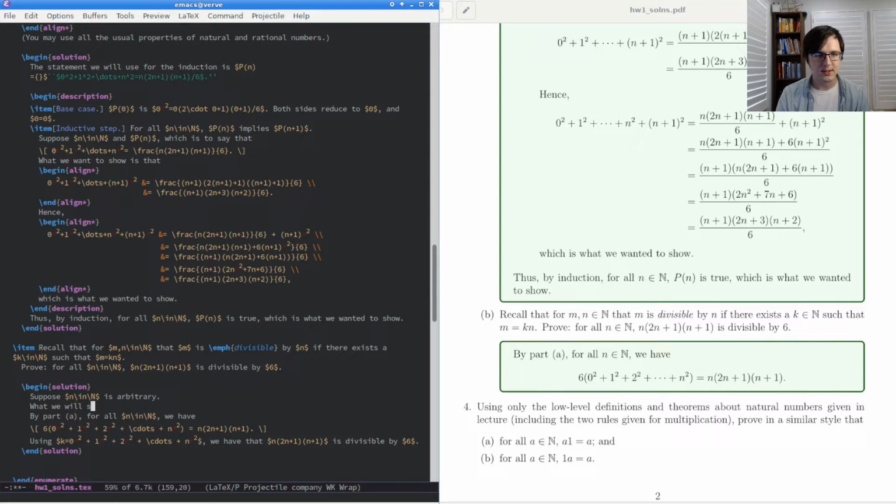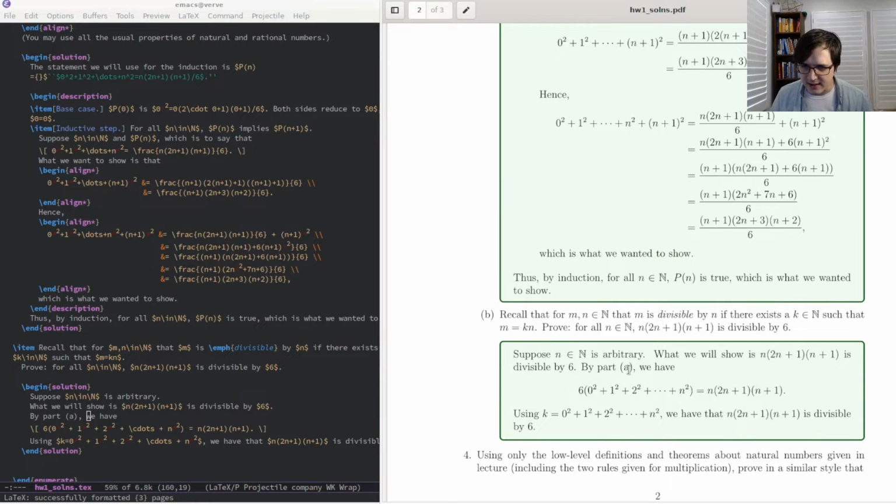What we will show, and I'm just being more explicit than really necessary, let's copy paste, is this, and then remove this quantifier because we just have an n on hand. So I think that fixes it.